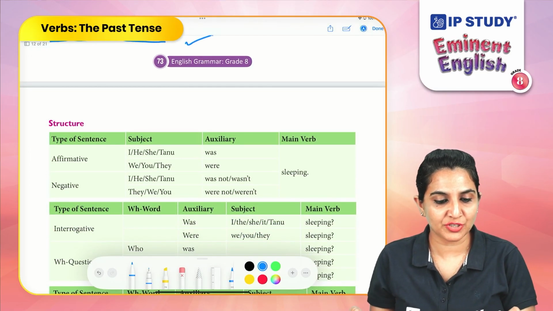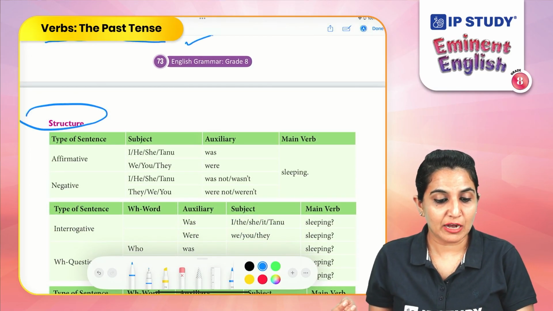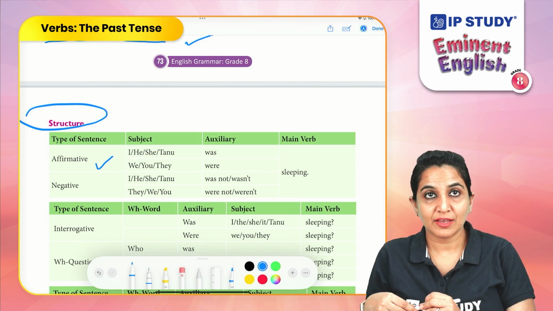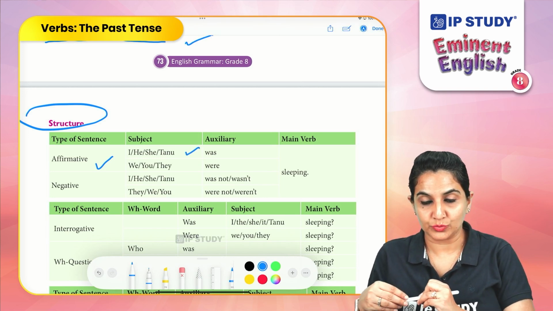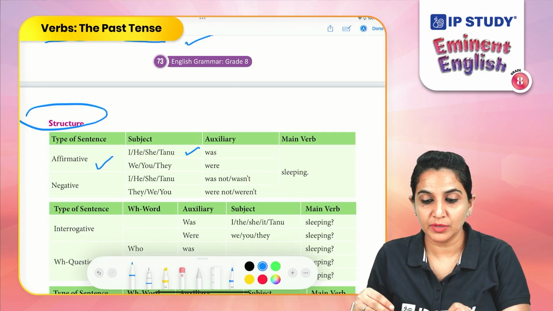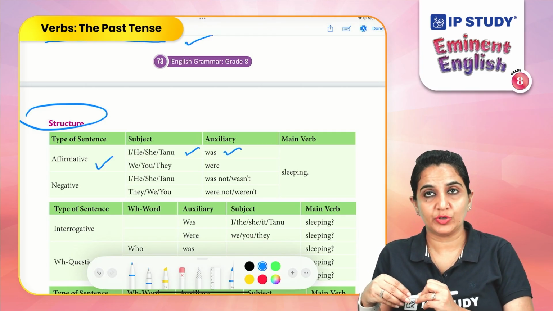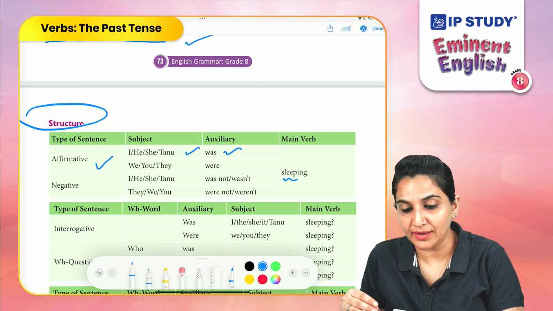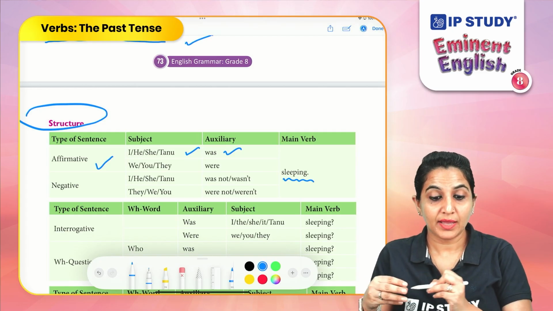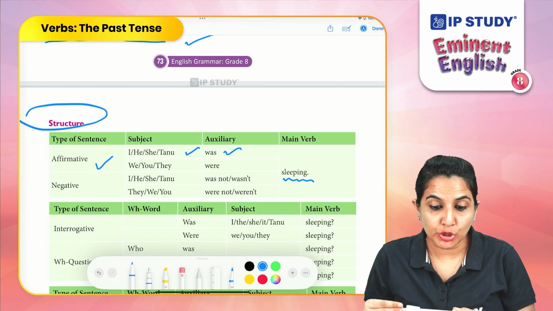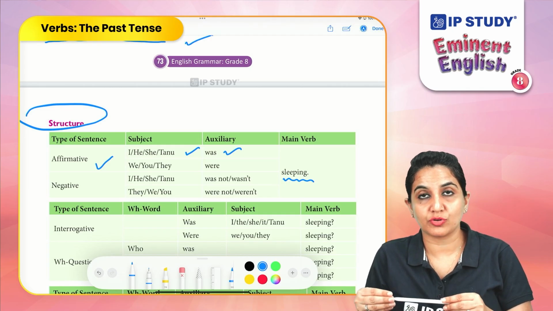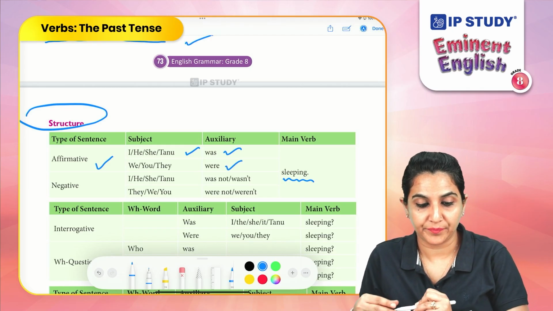How do we structure these sentences? Affirmative sentences with a subject such as I, she, Tanu: we use the auxiliary verb was, and the main verb remains in the ing form. With the plural forms, we, you, they, we always use the auxiliary were.